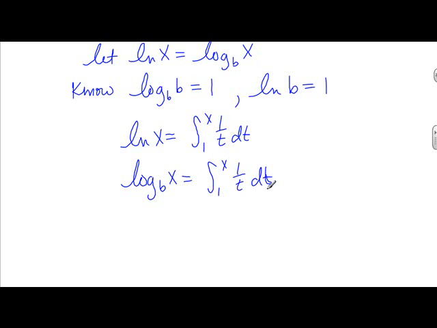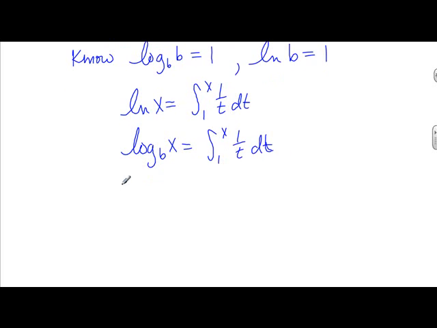Now, if I differentiate this at x equal 1, I know the derivative of the natural log is 1 over x.